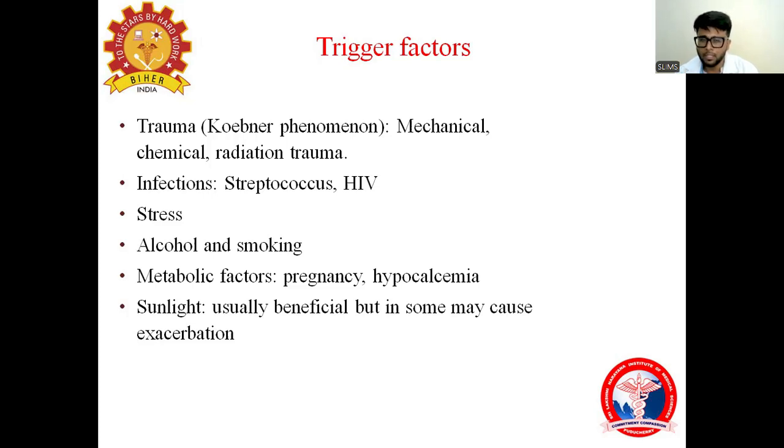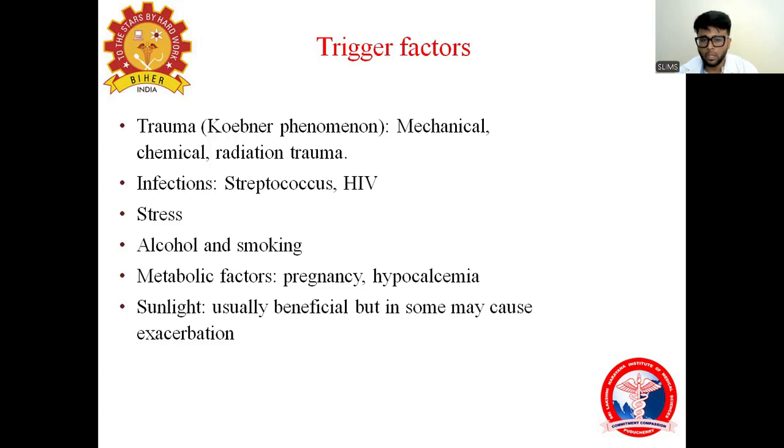The next one is stress. We are recently introducing several terms such as the neuro-skin axis. Because of stress, several substances like substance P are activated, which leads to aggravation of keratinocyte proliferation, that is hyperkeratinization.